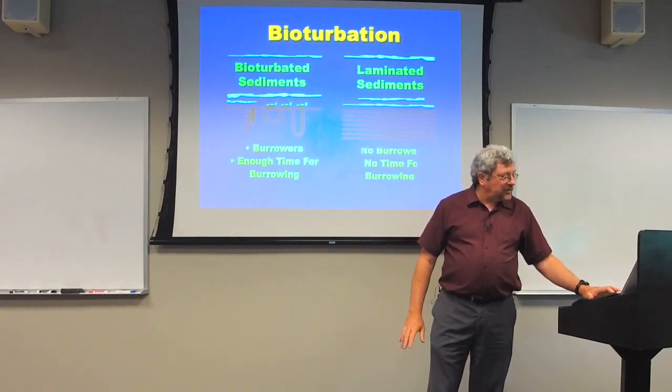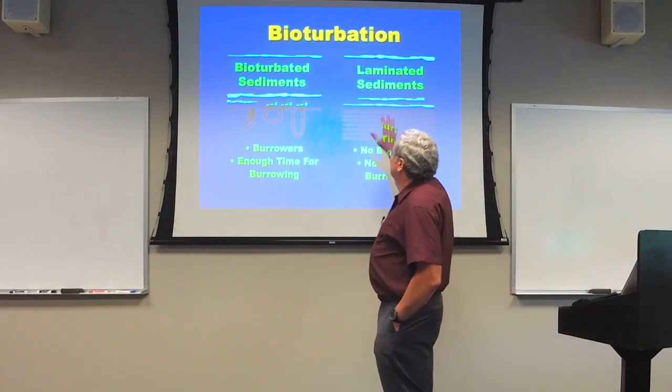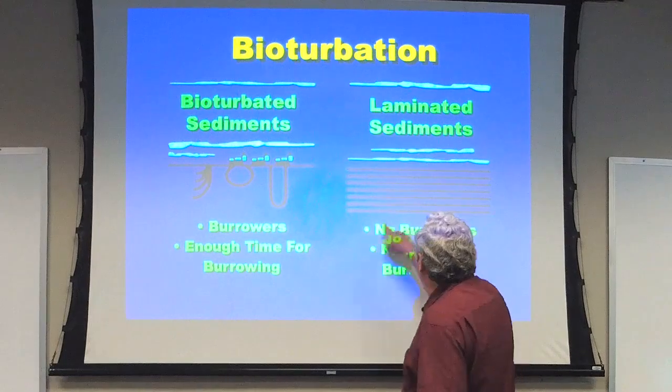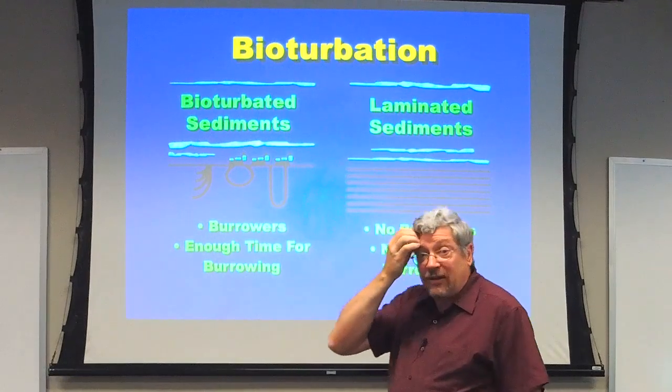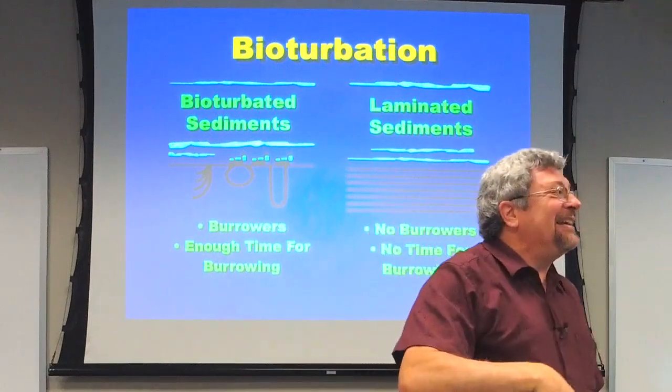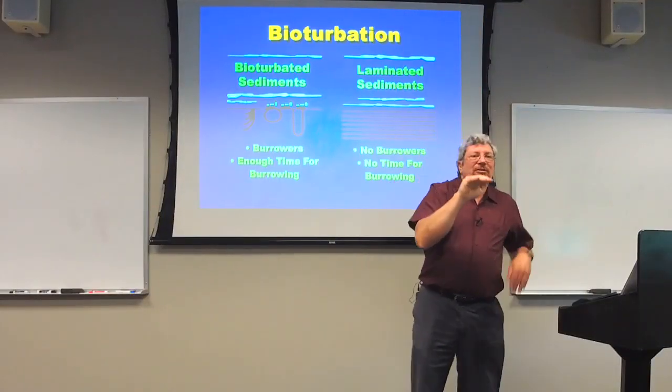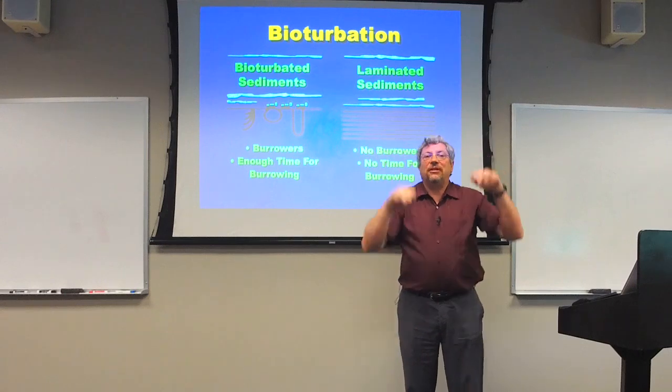And because of this, you would expect that in a flood model where you bury things very quickly, even if there were burrowers there to bioturbate, if the sedimentation is too rapid, the burrowers aren't going to be able to destroy the lamination.